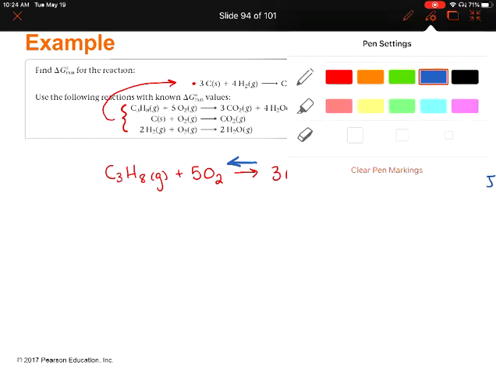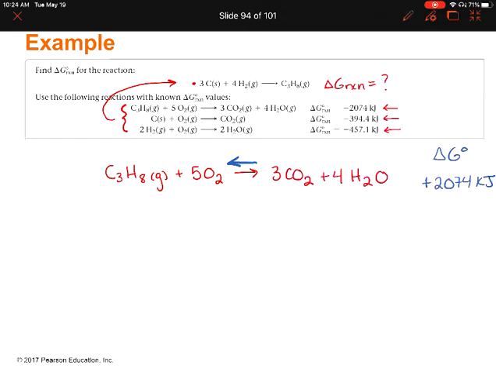All right, now for the second reaction, we have carbon reacting with oxygen to produce CO2. Now we want carbon to be in the reactants according to our overall reaction, so we don't have to flip this reaction. However, we do want to end up with 3 moles of carbon.